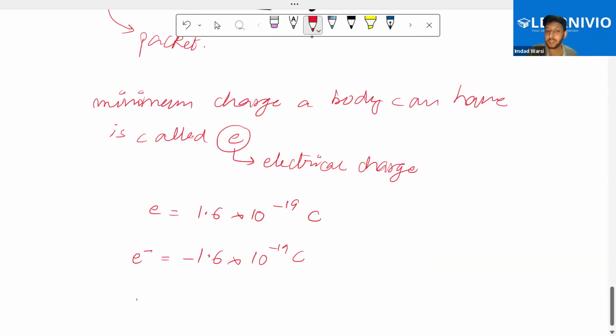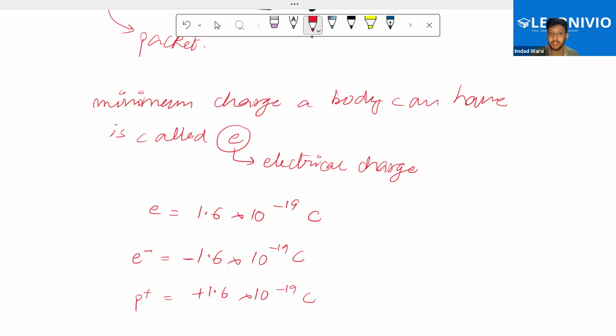And if I ask you what the charge of a proton is, you will say, because the proton is positive, plus 1.6 into 10 to the power minus 19 coulomb. Understood? Yes. Okay. So electric charge can be negative also, right? See here, this is negative. Electric charge of an electron is negative. Electric charge of a proton is positive. See this minus sign.